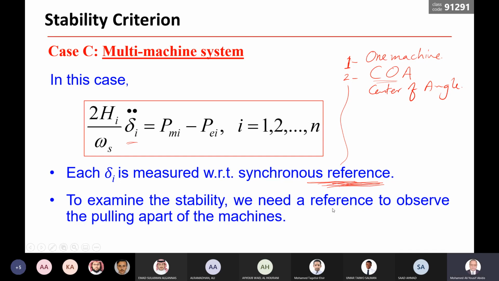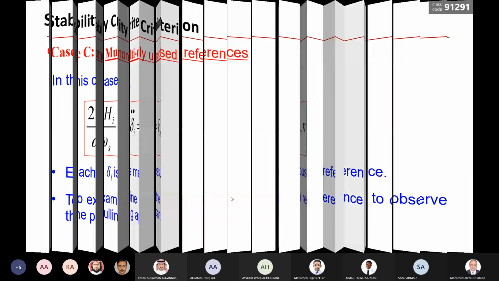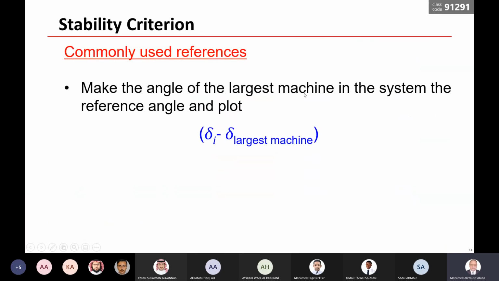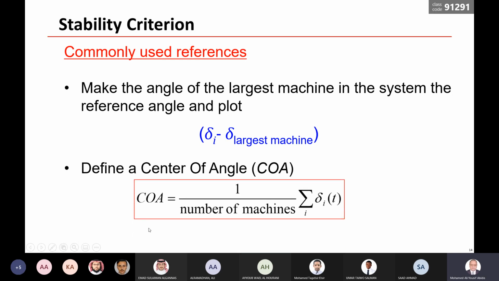To examine the stability, we need a reference to observe the pulling apart of the machines. So make the angle of the largest machine in the system the reference angle, and you can have the angle with respect to the largest machine. This is one option. The second option is to define a center of angle, like a center of gravity, a similar approach.